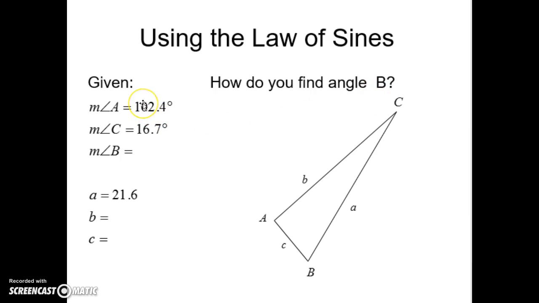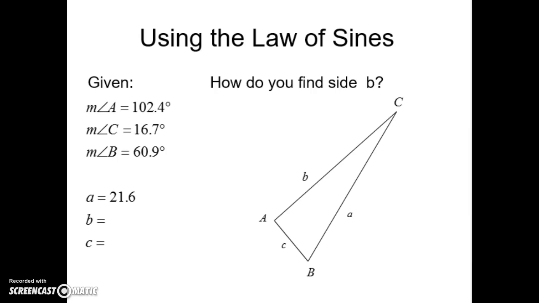So if I know the measure of angle A and the measure of angle C, I can use that triangle sum theorem from geometry that says in any triangle, right or not, the sum of all three angles will always be 180 degrees. So I'm going to take 180 and subtract 102.4 and 16.7, and that will give me a measure for angle B of 60.9 degrees.